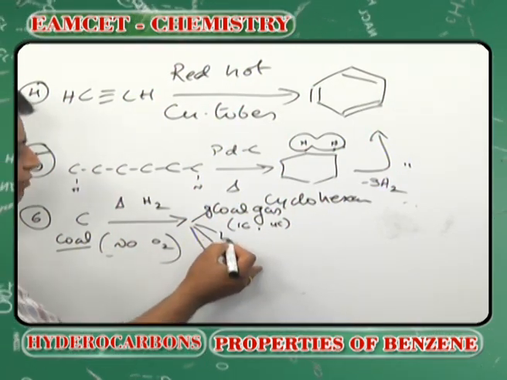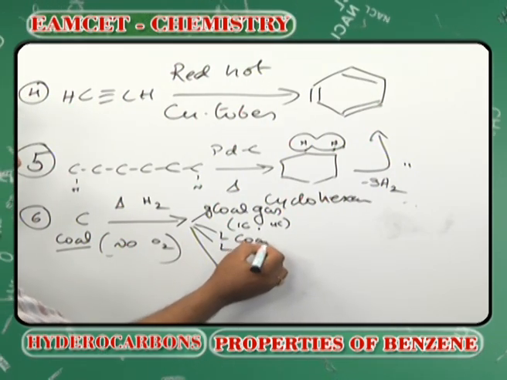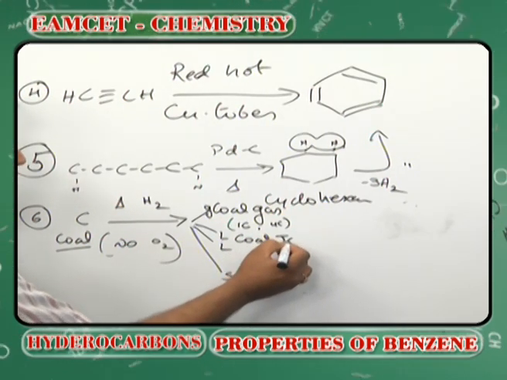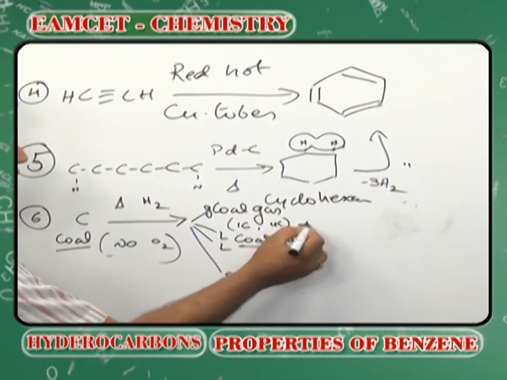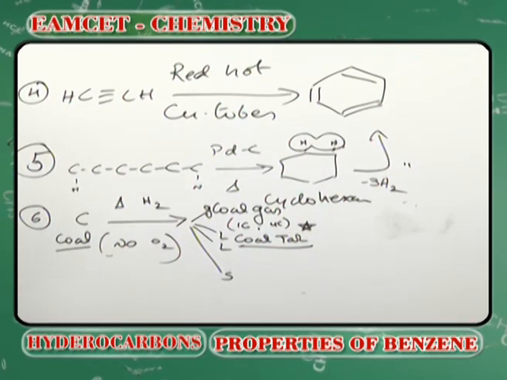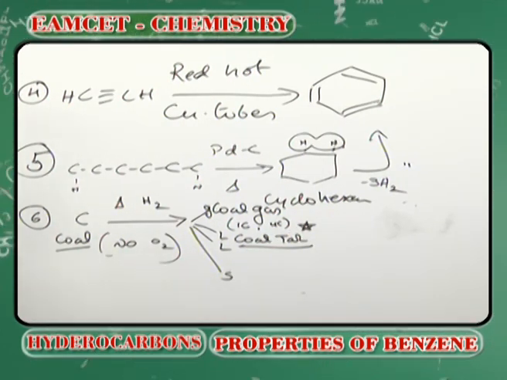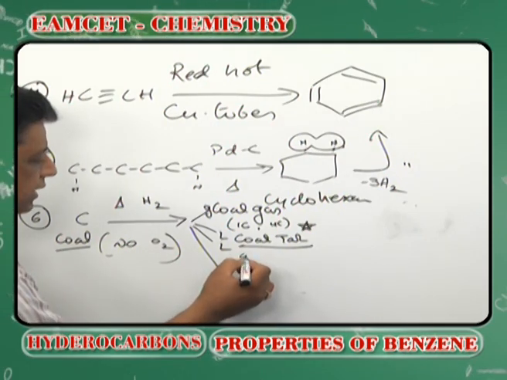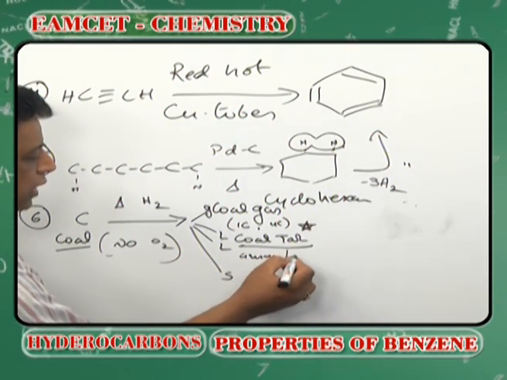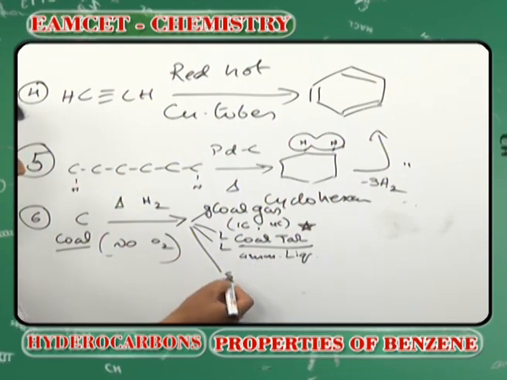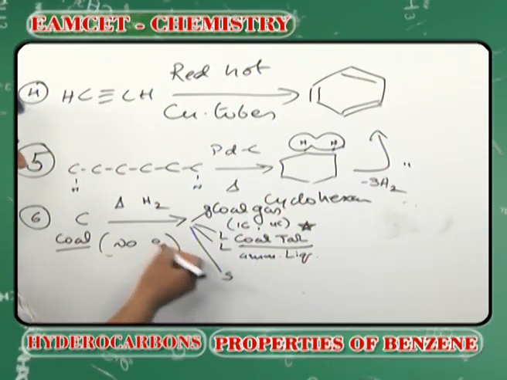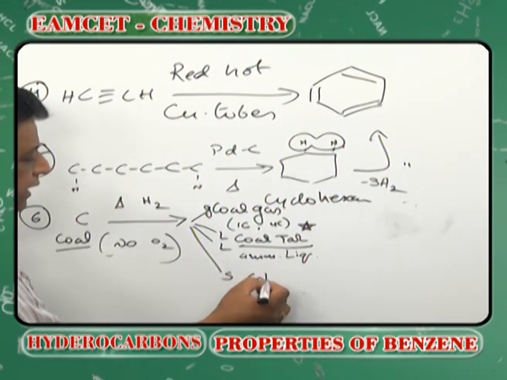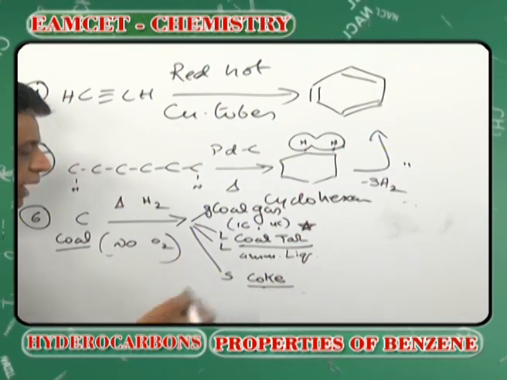The first liquid is called coal tar. This is the one we are interested in. In this coal tar, we have a huge amount of benzene. And we have ammoniacal liquor, and then the unconverted carbon results as coke. This is a solid.